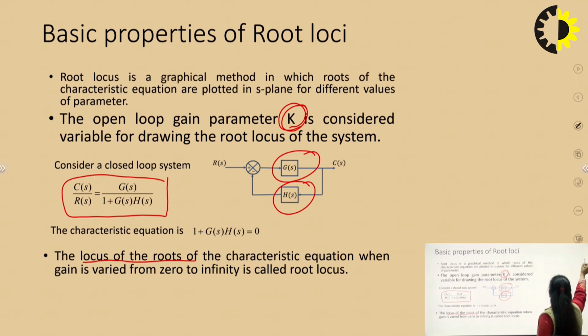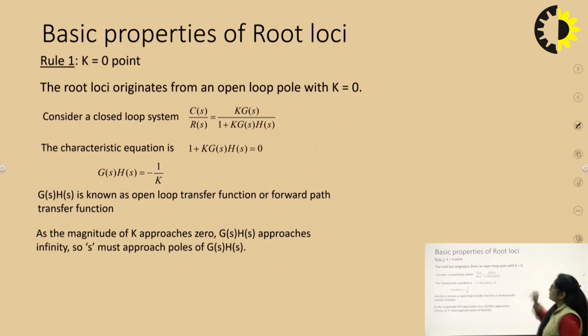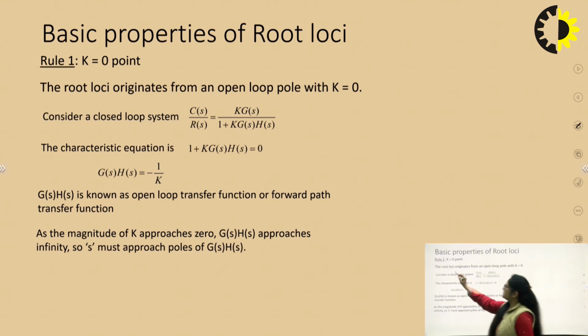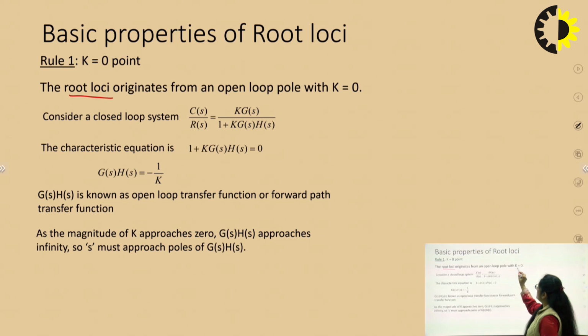We'll start with the first property. Rule 1 states that since you are varying the parameter, we will start with K equal to 0. So always the root loci originate from an open loop pole with K equal to 0.